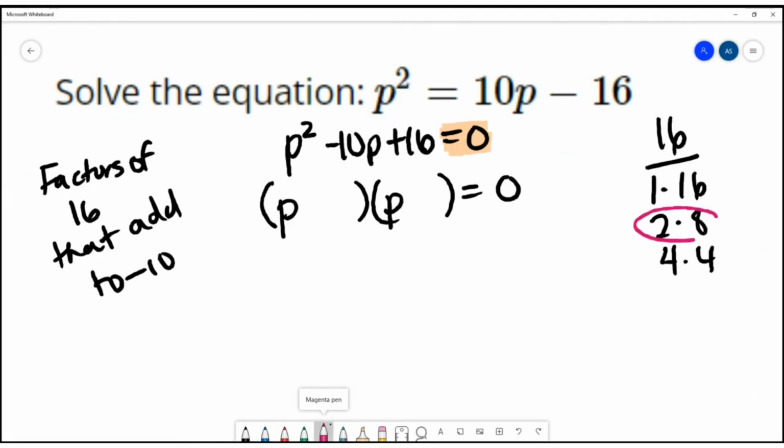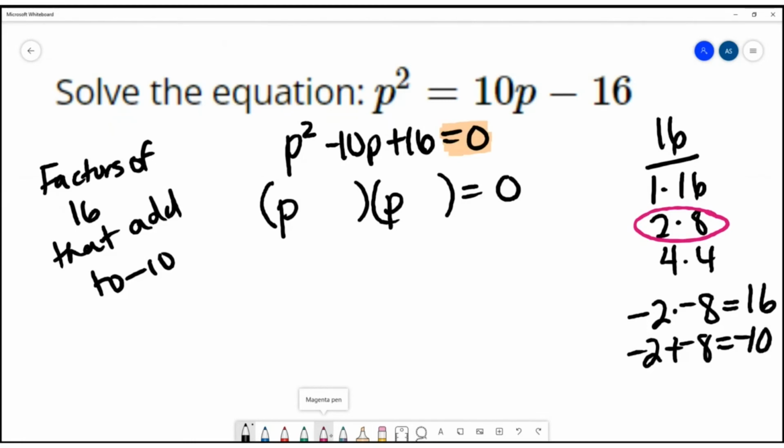I can see the 2 times 8 would add up to be a positive 10. How about negative 2 times negative 8 is a positive 16. Negative 2 plus negative 8 is a negative 10. These are the two numbers I was looking for. So my factors are p minus 2 and p minus 8.